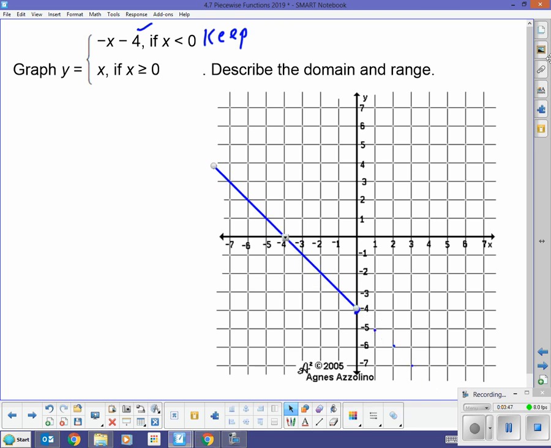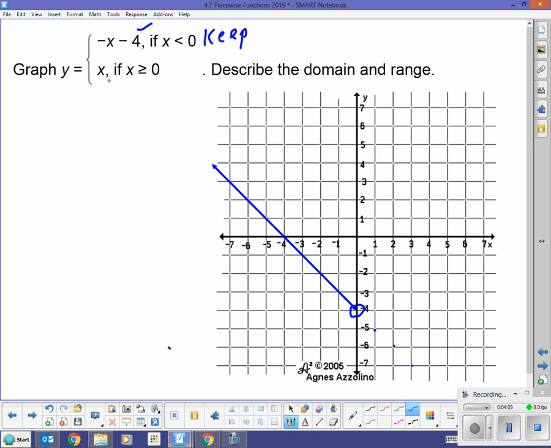And more importantly, I'm not including 0, so I'm going to have an open circle right here.